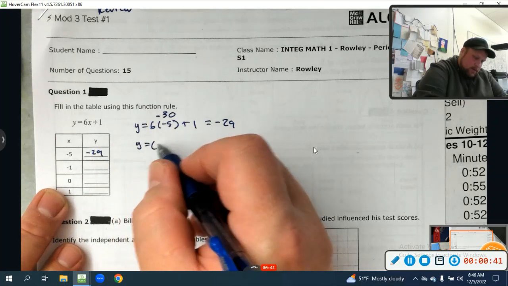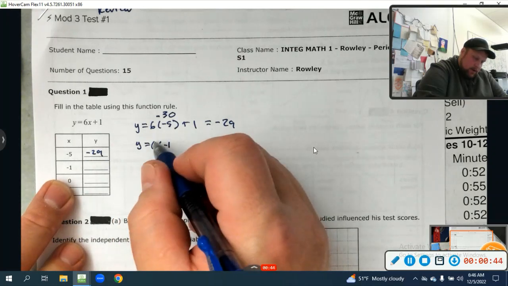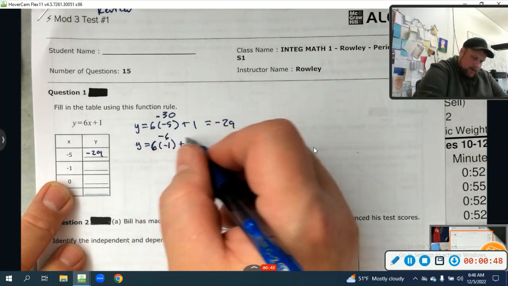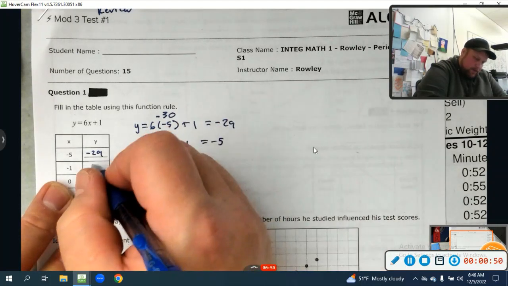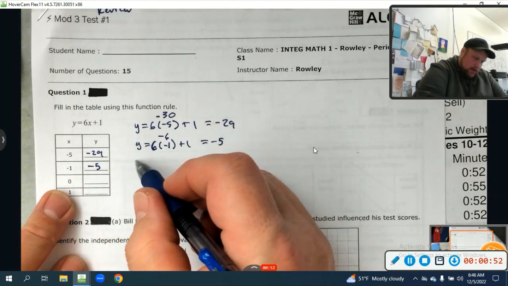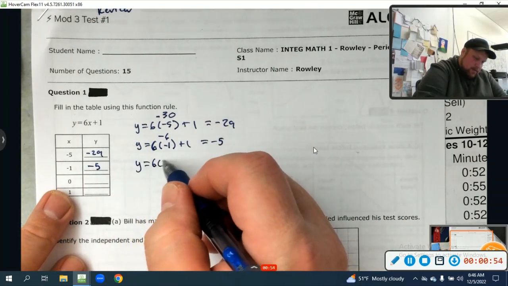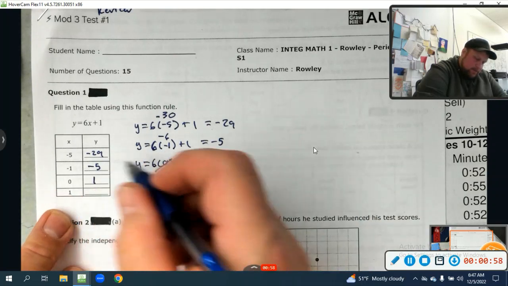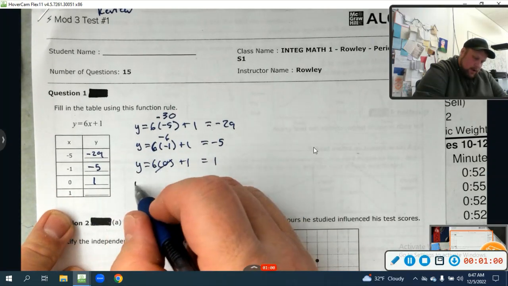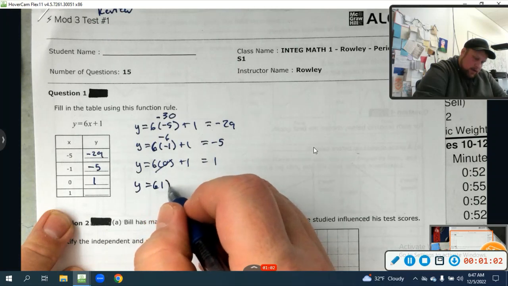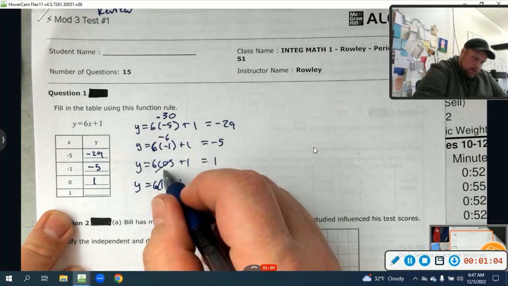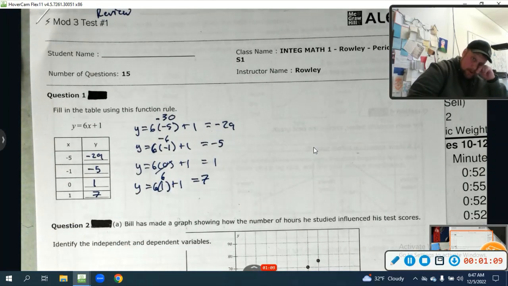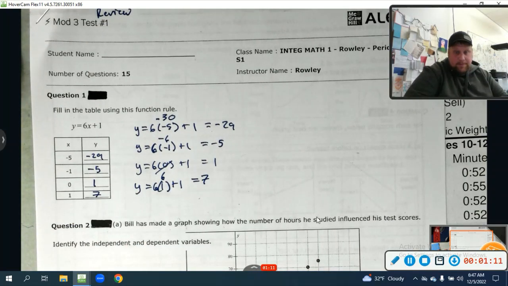Y equals 6 times negative 1 plus 1, which is negative 6 plus 1, or negative 5. 0 is our friend because 6 times 0 just goes away and we get 1. And then last, y equals 6 times 1 plus 1, which is 6 plus 1, or 7. Boom. You're just plugging it in for x.